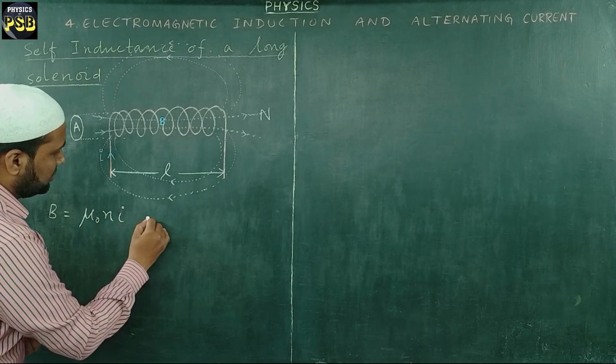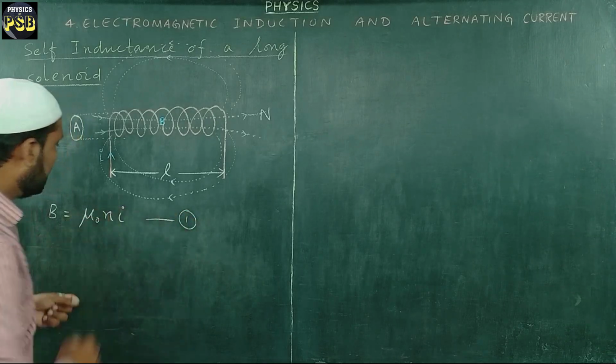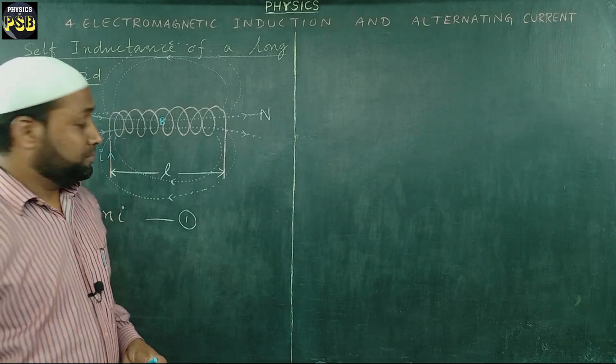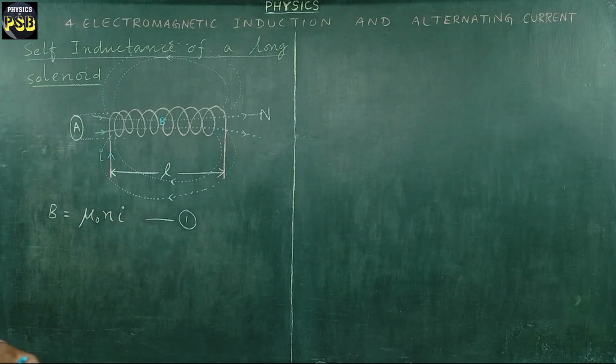I named this as equation number 1. This equation number 1 represents the magnetic field produced by a current carrying solenoid. Now, this we have derived long ago. For more information, kindly go through that video.